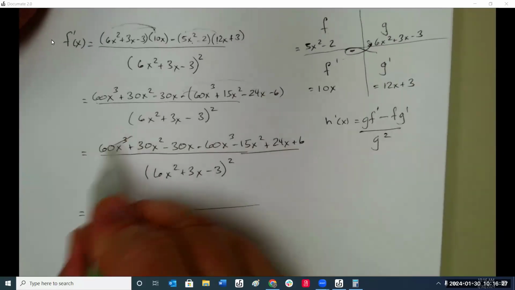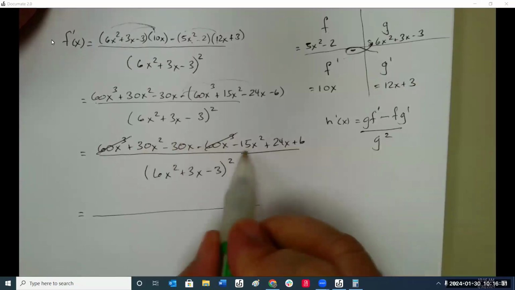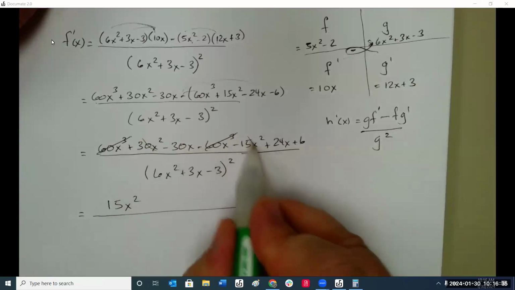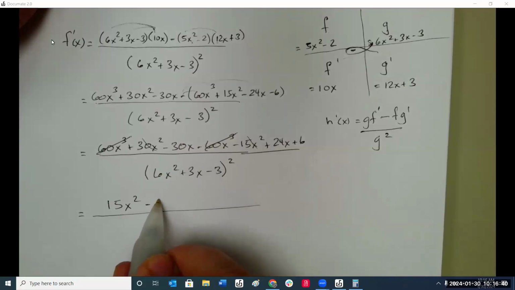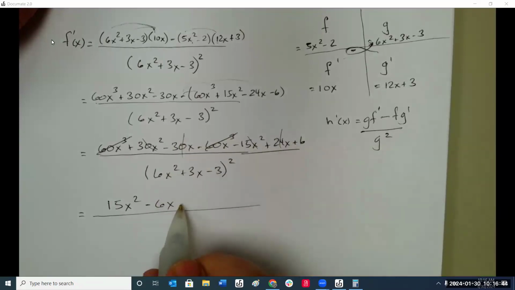And simplify, the 60x cubes cancel. 30 minus 15 is 15x squared. Negative 30 plus 24 is negative 6x plus 6.